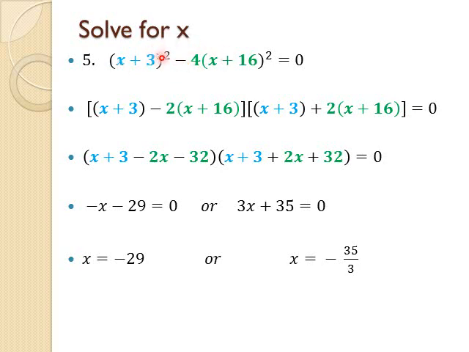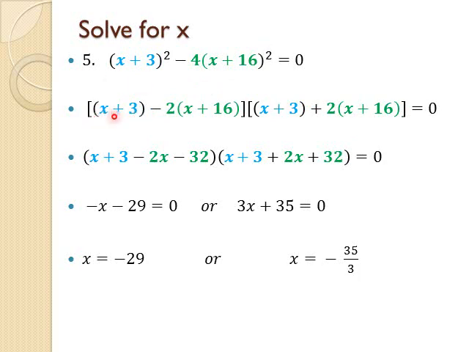So for x plus 3 squared, you see there, I left it in brackets, x plus 3 times x plus 3. That gives me the 2 brackets. No? Therefore, 2 times 2, and x plus 16 times x plus 16 gives me x plus 16 squared. So they are factorized via difference of 2 squares.